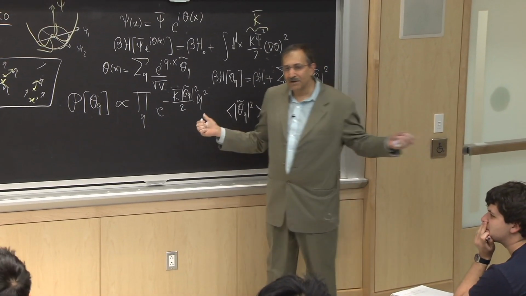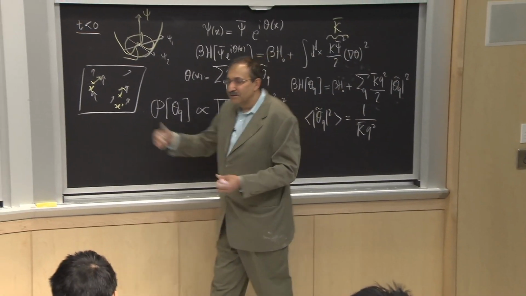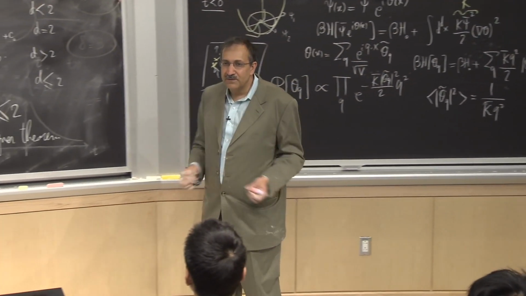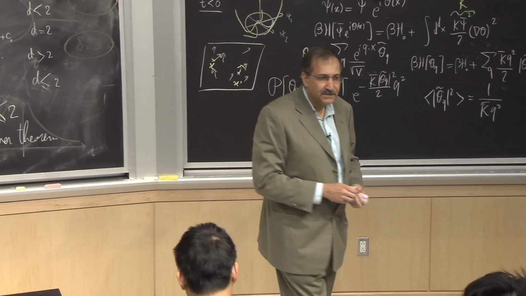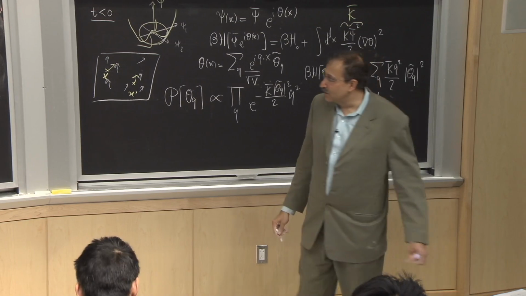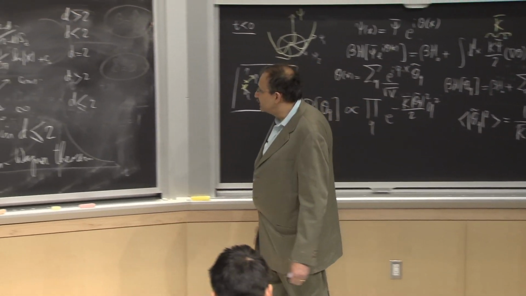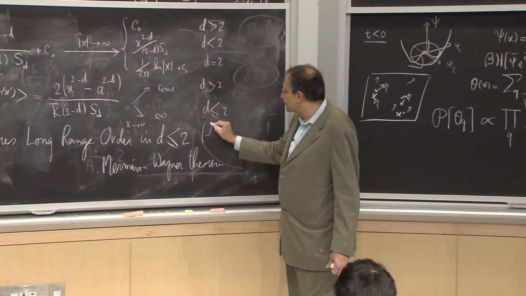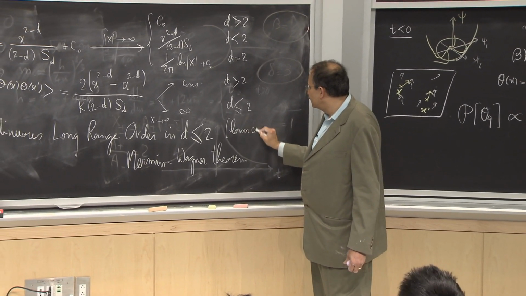If you go to long enough distances, you will see that fluctuations have destroyed your order. So we can see already how important fluctuations are. This d equals 2 is called the lower critical dimension.